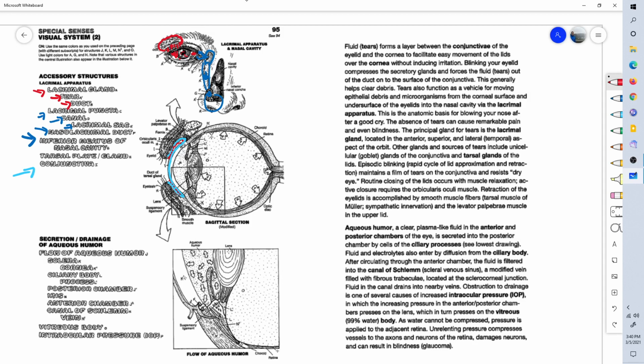There's also another source of tears, and it's this tarsal plate right here, a little gland that lies right in here that also supplies a little bit of tears inside the actual eyelid. You can also produce tears spontaneously.